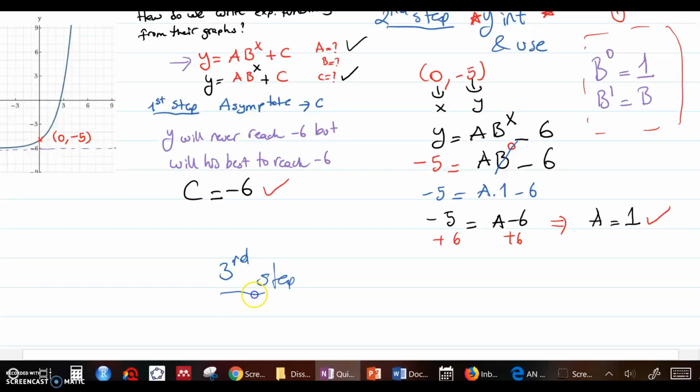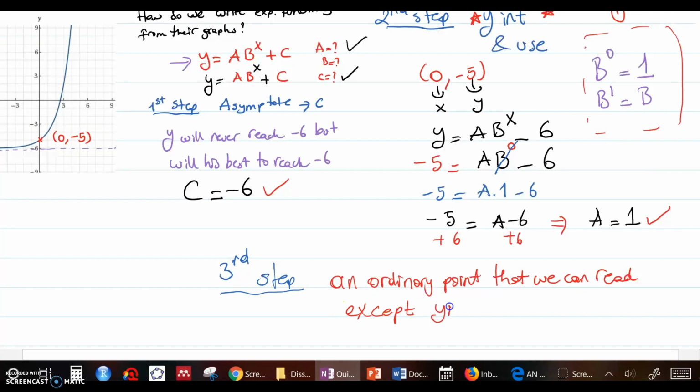For this, we're going to use any ordinary point that we can read, except the y-intercept, because we already used that. This is the important part.